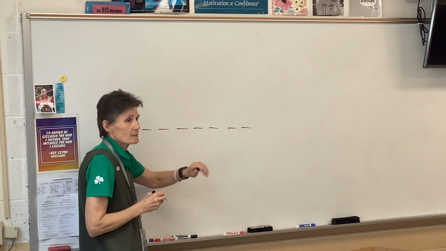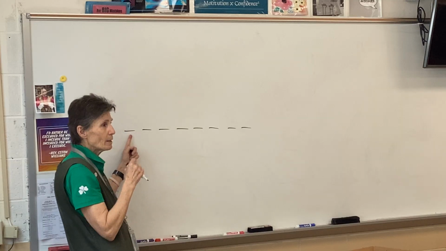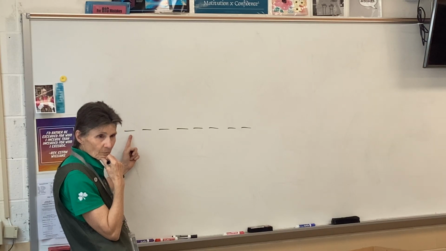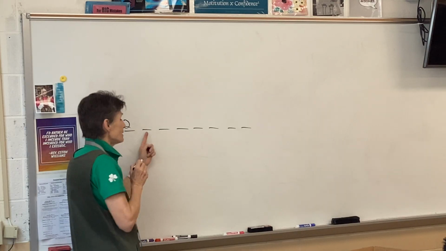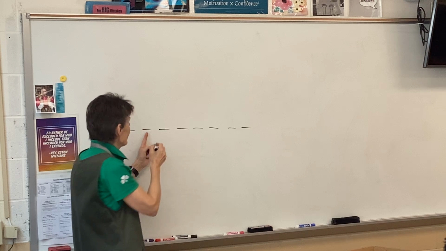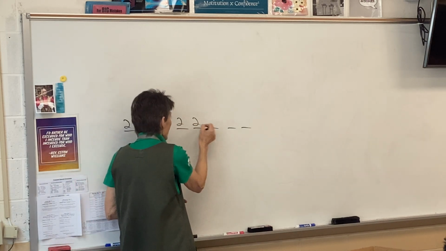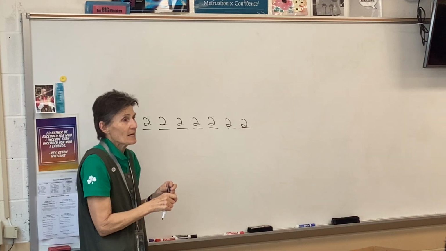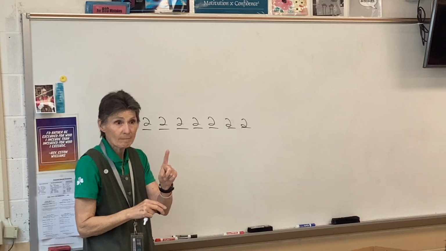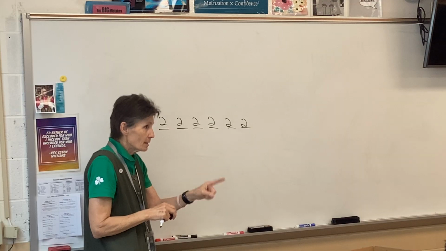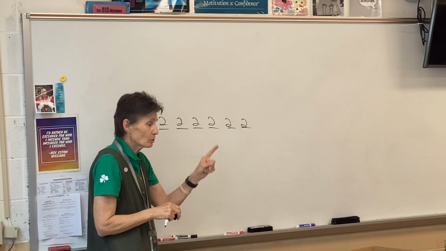8 questions. How many choices do you have for question 1? 2. How many choices do you have for question 2? 2. Now, when you take the test, you have to answer question 1 and question 2 and question 3.